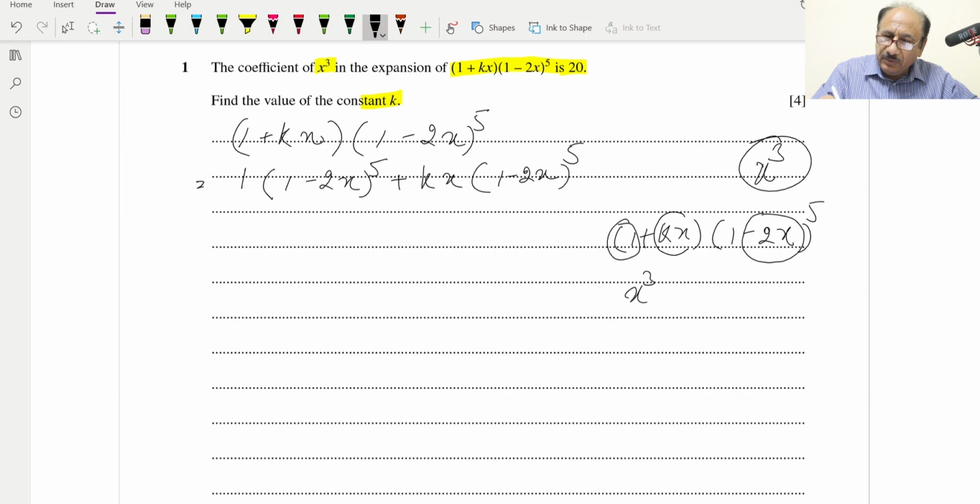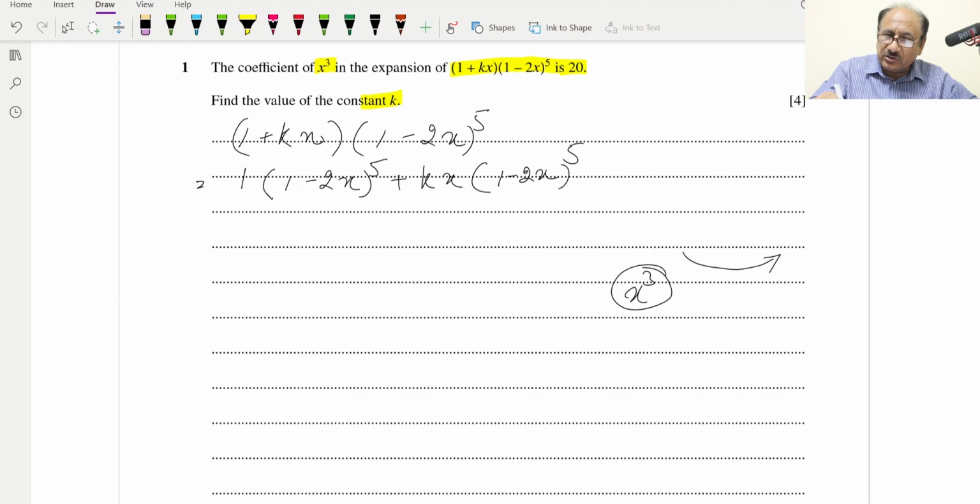When we multiply kx with this one, we require x square so that we can ultimately get x cube. So basically our target is to get x cube in all the terms.